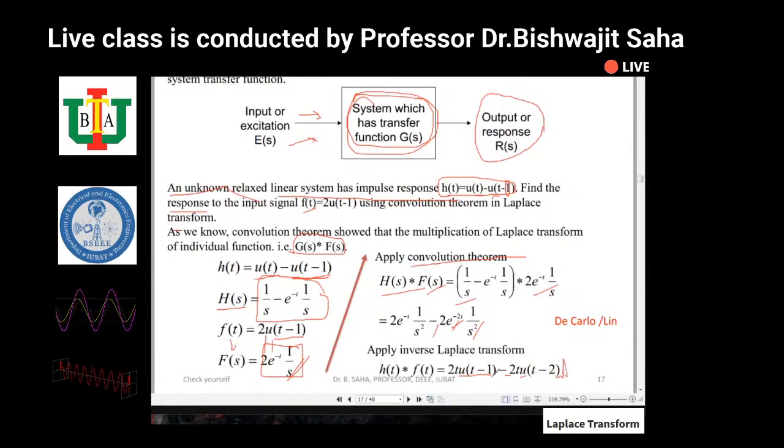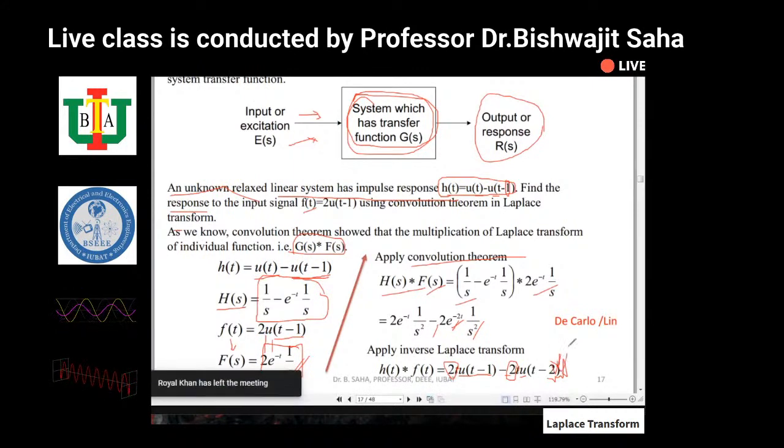That means the first factor is the same, but here one more second of delay occurs, because earlier it was a 1 second delay, and after multiplying both we get another second of delay, t minus 2.